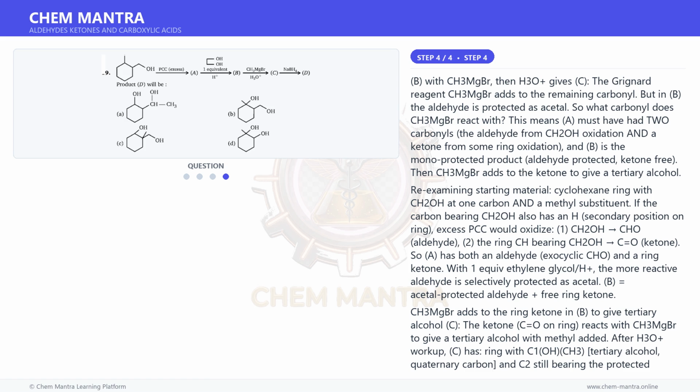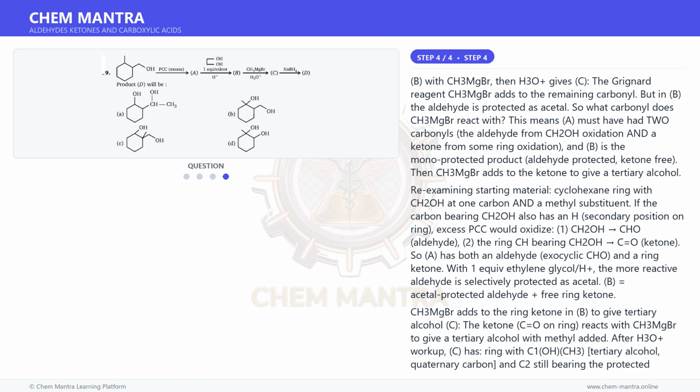Final product, D, a cyclohexane ring where one carbon bears OH, CH3, and CH2OH substituents, i.e., 1-methyl-1-hydroxymethyl cyclohexan-1-ol. But this is a quaternary carbon with OH, making it 1-hydroxymethyl-1-methylcyclohexanol. This matches option B, a cyclohexane ring with C1 bearing OH, CH2OH and a methyl group.